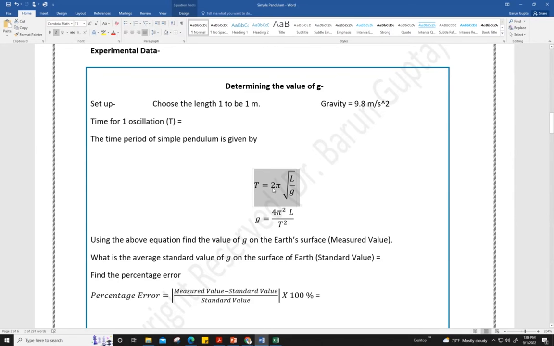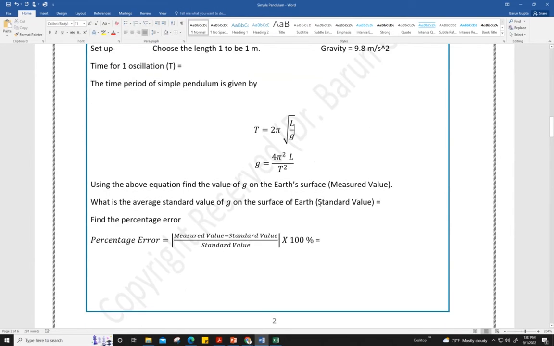Using this equation, I can solve for the acceleration due to gravity. If you solve for g, the acceleration due to gravity, this will be 4 pi squared L divided by T squared. In this equation, T is the time period, 2 pi is a constant, L is the length of the simple pendulum, and g is the acceleration due to gravity.